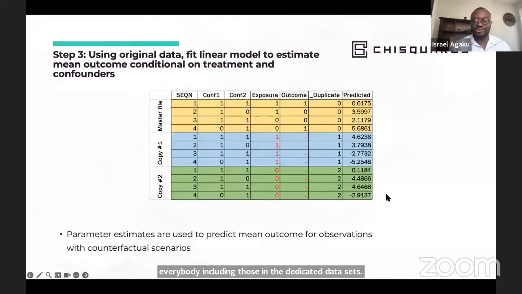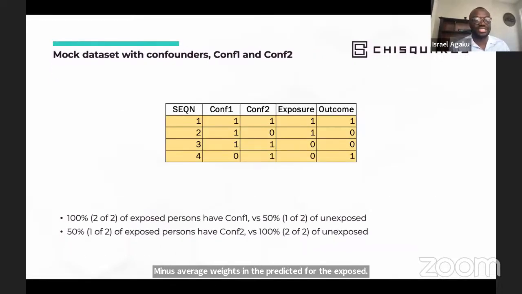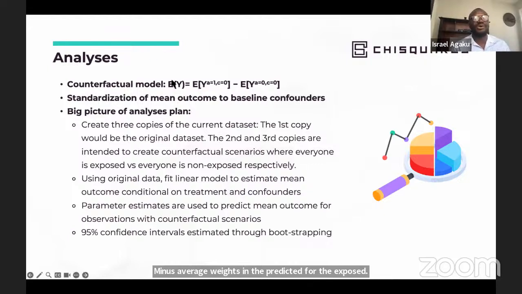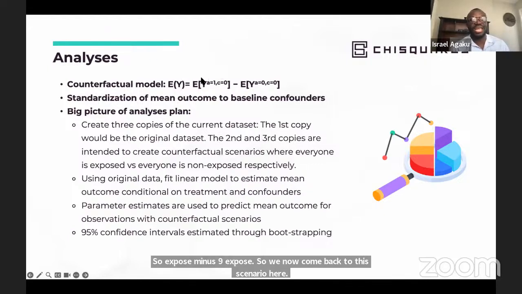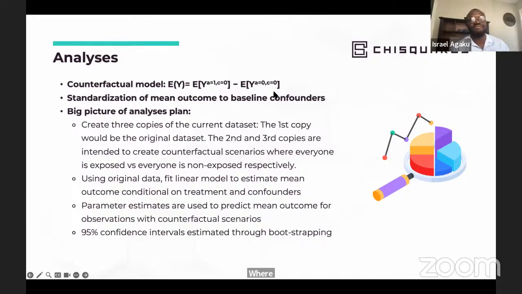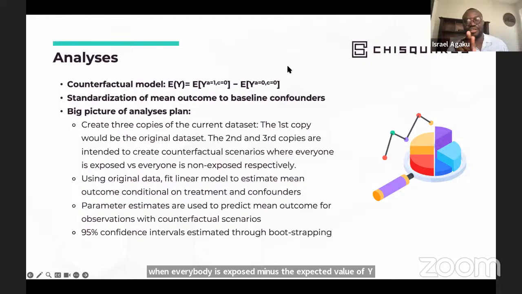Then the next thing is to ask, what's the average predicted weight for the exposed minus the average predicted weight for the non-exposed? So we come back to this scenario where we ask, what is the expected value of y when everybody is exposed minus the expected value of y when everybody is not exposed? That's how we solve this causal equation, because we now have a data set where everybody is exposed and everybody is not exposed.